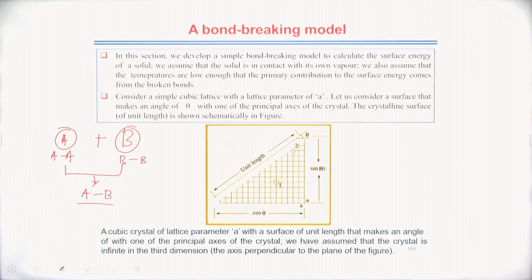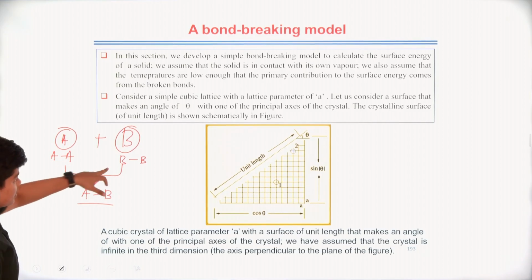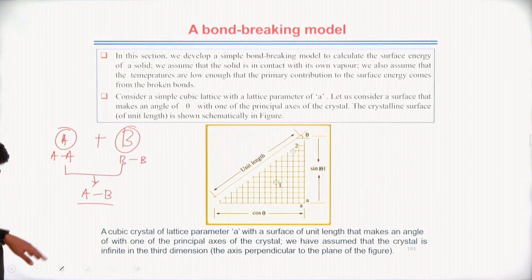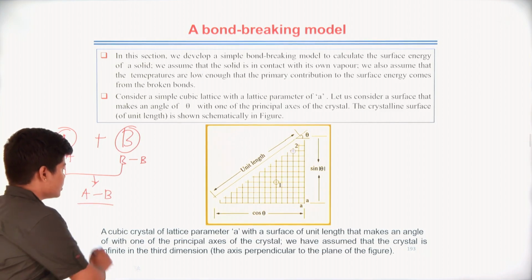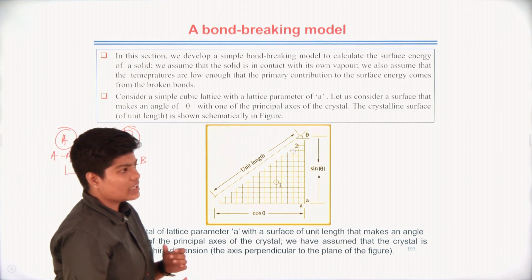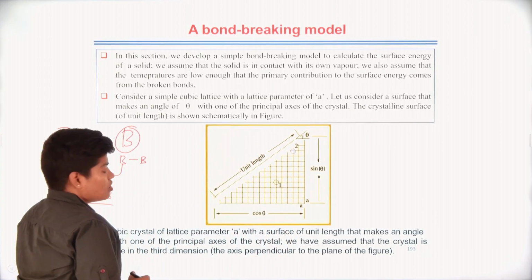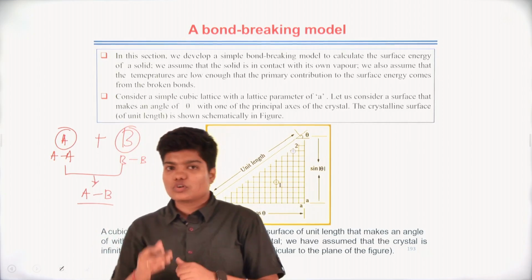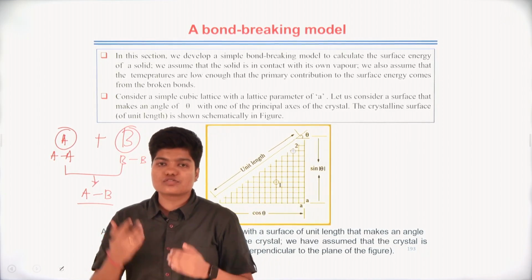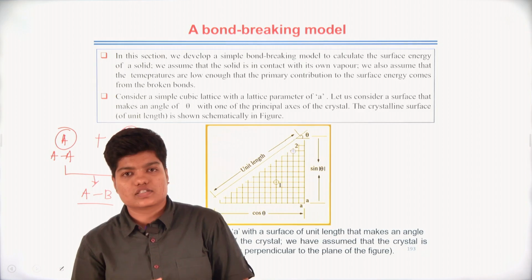So the AA bond and BB bond break down to form the new AB bond. At the time of breaking down of a bond, the energy is lowered. The lowering of energy is known as the bond energy.